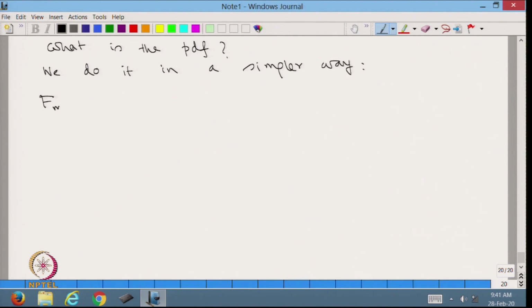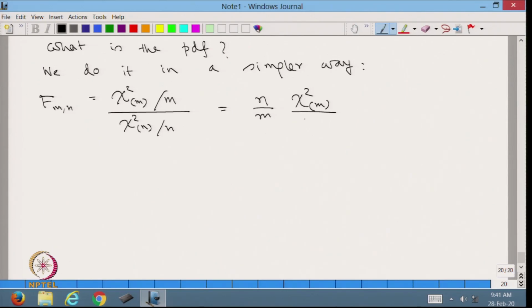F m n is equal to (chi-square m by m) upon (chi-square n by n), which is equal to n by m times chi-square m divided by chi-square n, which is n by m Gamma(1/2, m/2) upon Gamma(1/2, n/2).